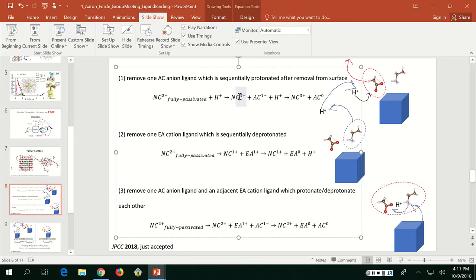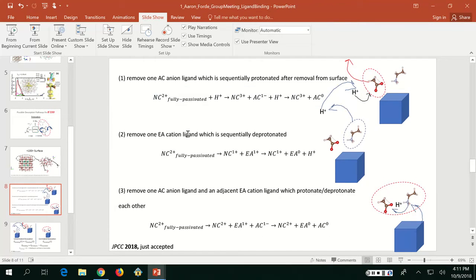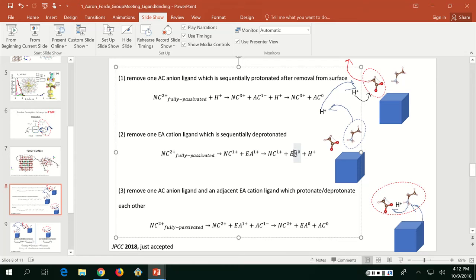Over time, this acetate anion will pop off the surface, which will change the charge of the nanocrystal. And if it interacts with this hydrogen that randomly collides into it, then I calculate the protonation of that anion. So that's the first calculation I did. And the second one, I did the same thing for the ammonium, except instead of protonated, I deprotonated it as a final state.